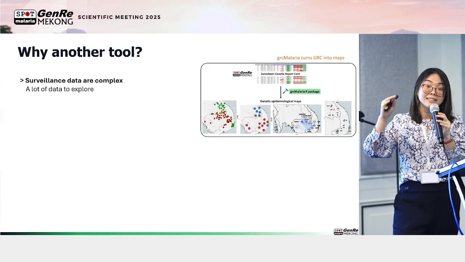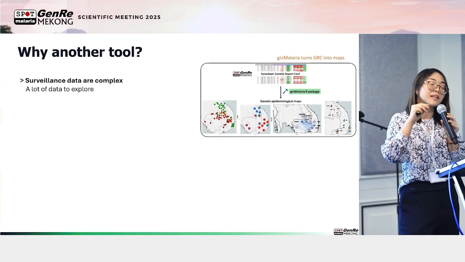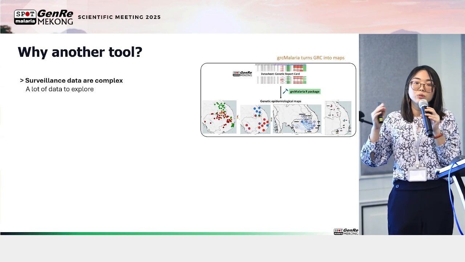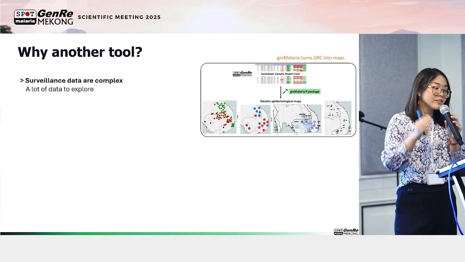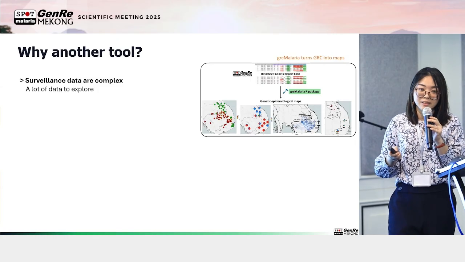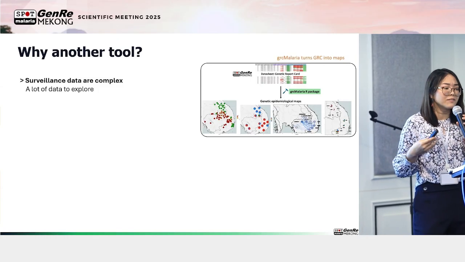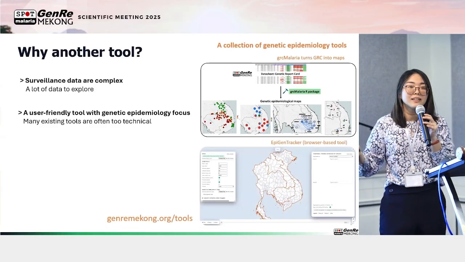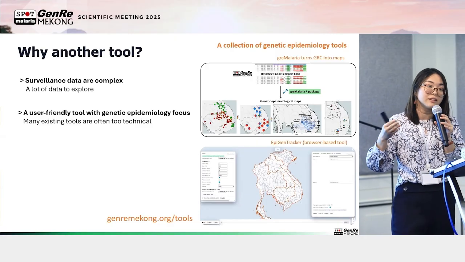Specifically, it takes information from the SpotMalaria genetic report cards, and it generates intuitive geographical maps of prevalence, diversity, and relatedness. But with the amount of data to mine for different use cases, we need a collection of tools to help answer different questions.